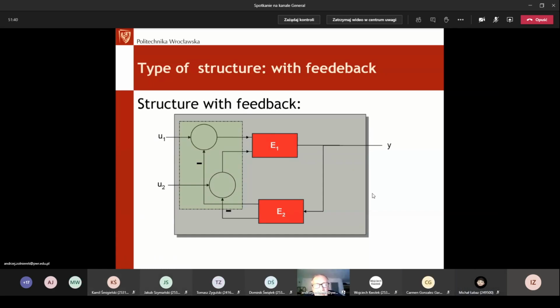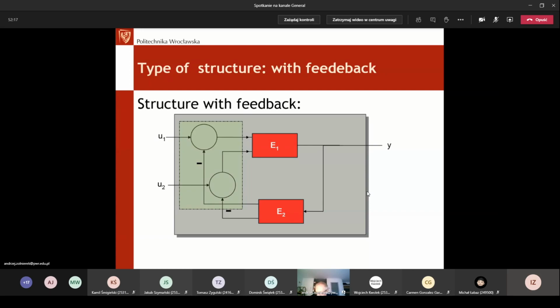In a dynamic case, we should work with systems which are stable, because when a system is not stable, it can be damaged, simplifying. When we have a certain element, it is as it is.